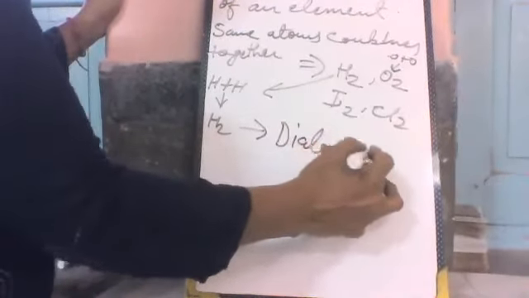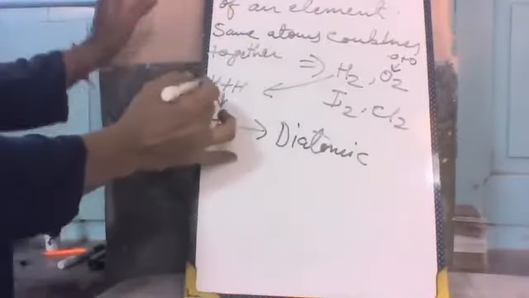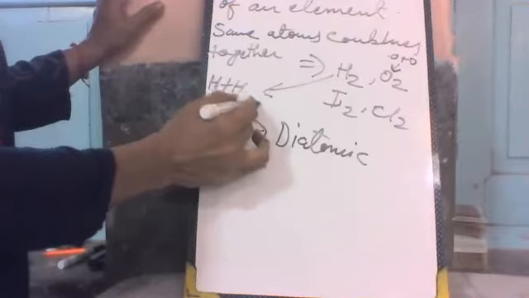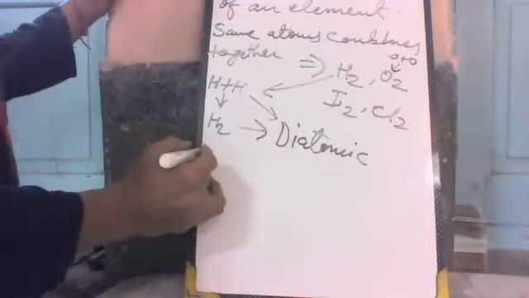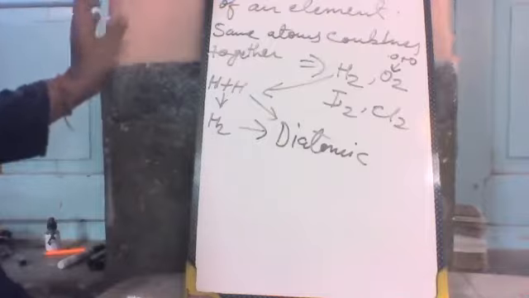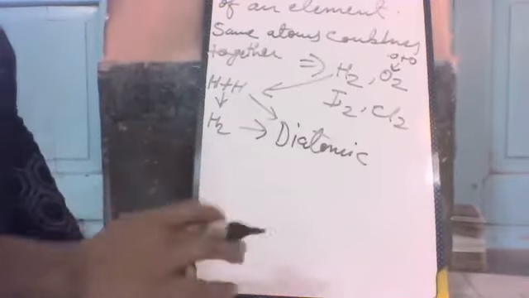Those molecules which contain two atoms are known as diatomic. If some elements are having one atom in its molecule, then there are different kinds of atomicity.